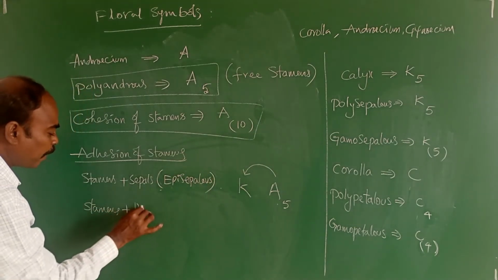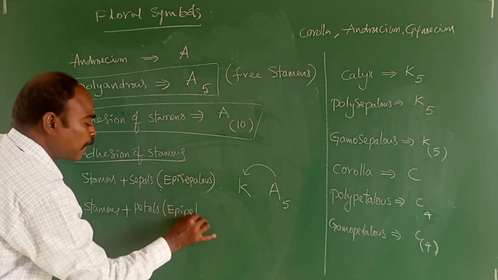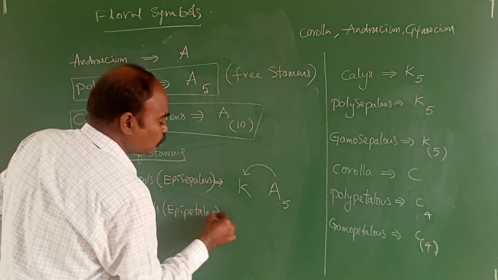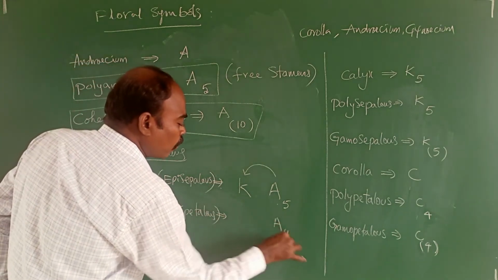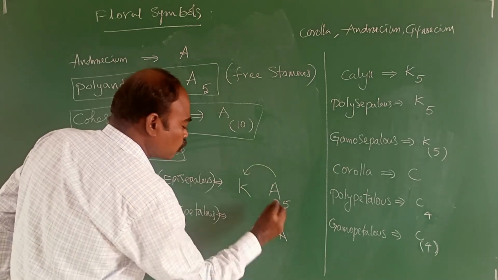Stamens attached with petals, the corolla, is epipetalous, indicated like this, A4 with the petals.